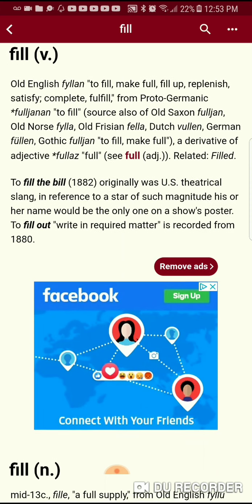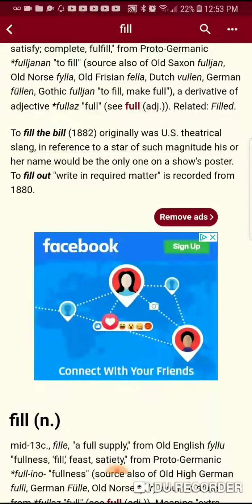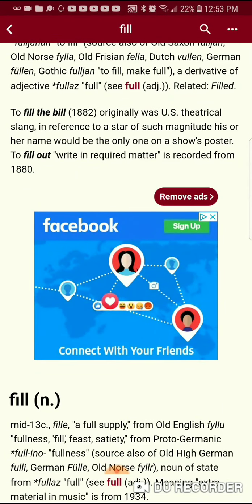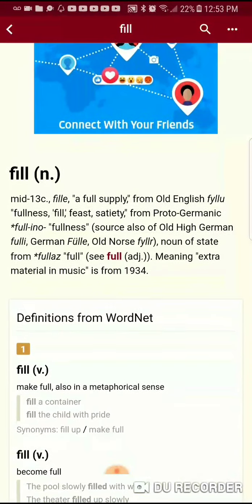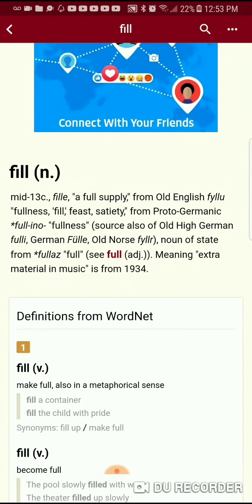Okay. So let's see. Derivative of full. Okay, so it's showing some different things here: to fill the bill in 1882, fill out, okay. Here's fill as the noun, to fill, a full supply.